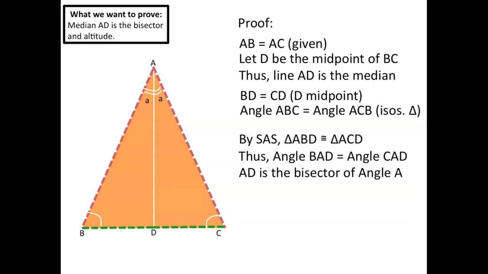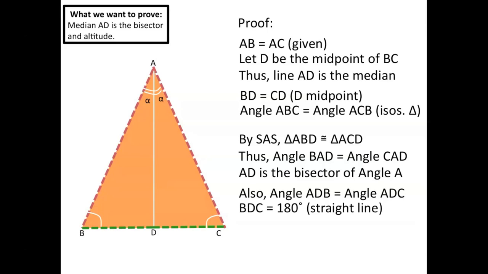So now we've proven that AD is a bisecting line, and all that's left to do is to prove that AD is also the altitude. Well, as you can see, because we said earlier that triangle ABD is congruent to triangle ACD, we know that angle ADB, which is right here, has to be equal to angle ADC, which is right here. And also, this line, BDC, is a straight line, so it's 180 degrees.